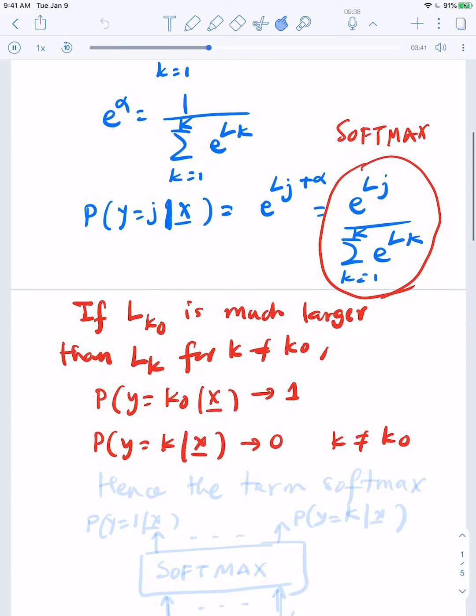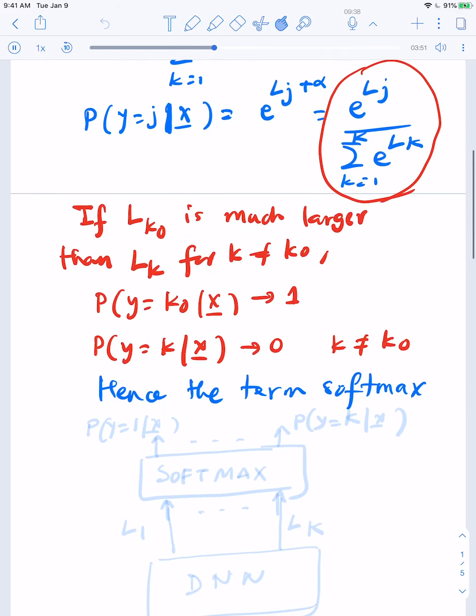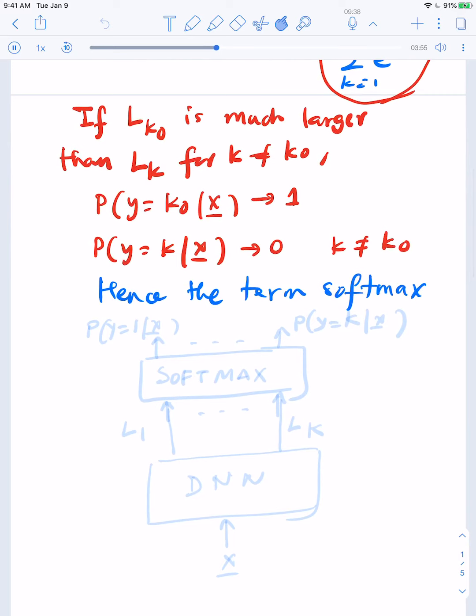And that's why it's called softmax. It's a very, very standard box that we put at the end of stuff.